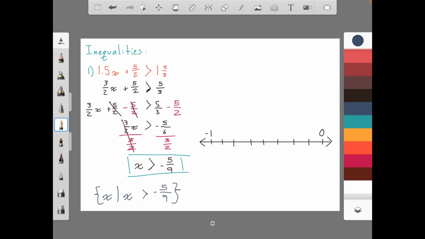So this is going to be 0, so this is going to be negative 1/9, negative 2/9, negative 3/9, negative 4/9, negative 5/9, negative 6/9, negative 7/9. I missed one, so I'm going to use this.